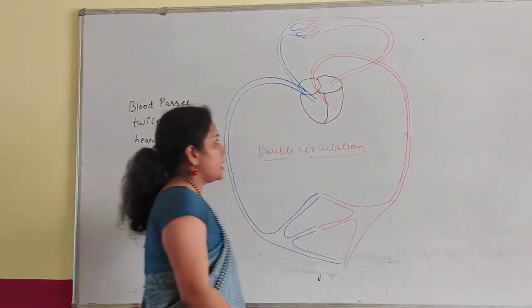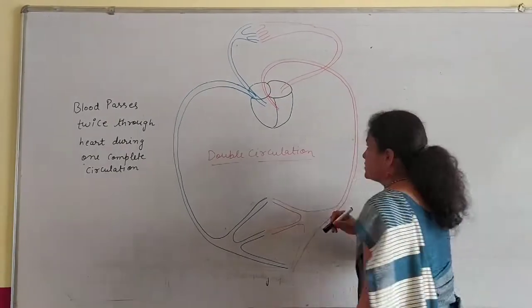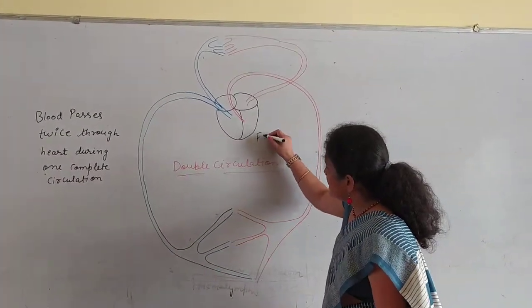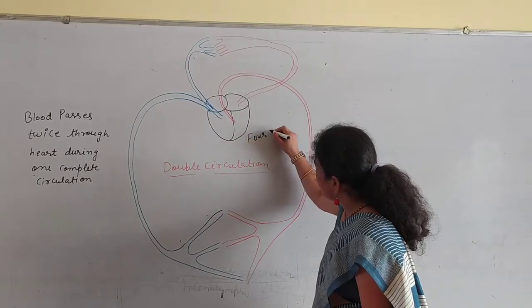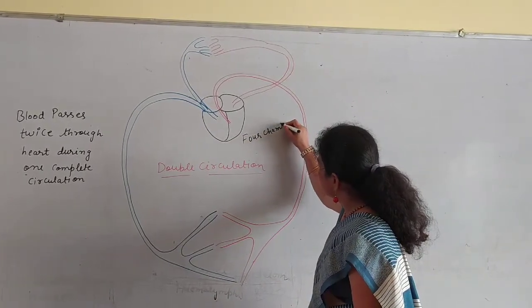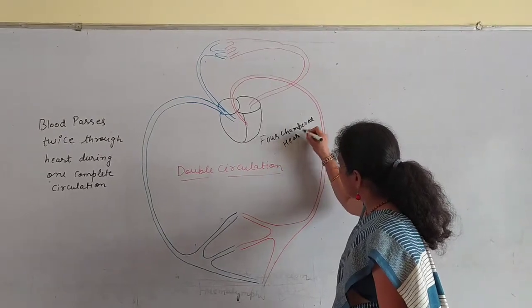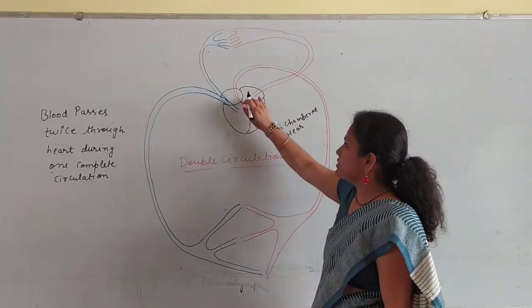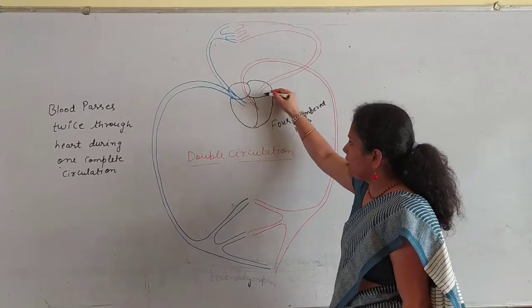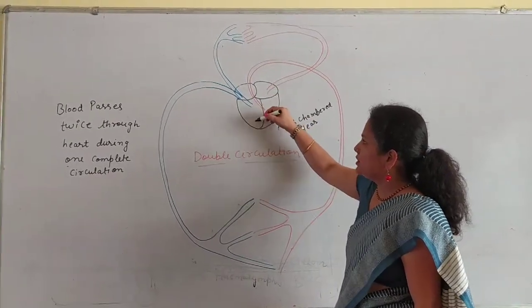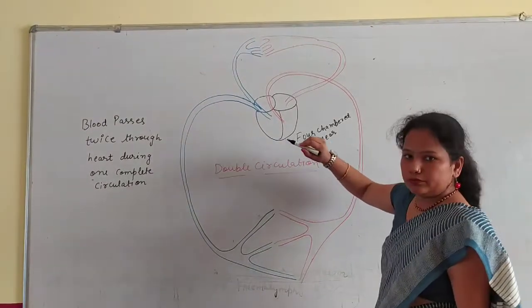So here is the diagram of the heart. In birds and mammals, the four-chambered heart is there. In the four-chambered heart, the left part carries the oxygenated blood, and the right part carries the deoxygenated blood.